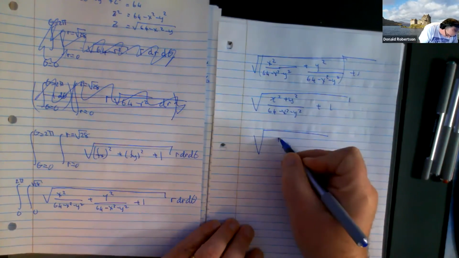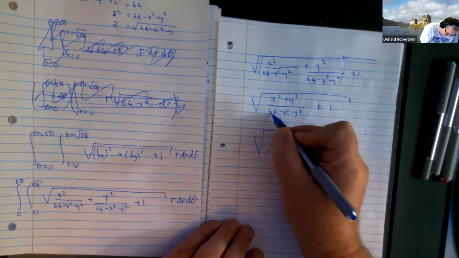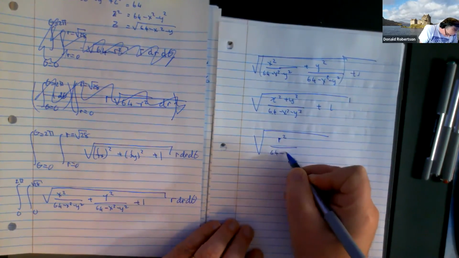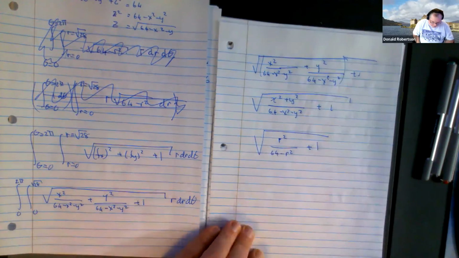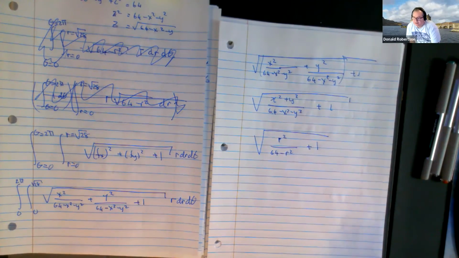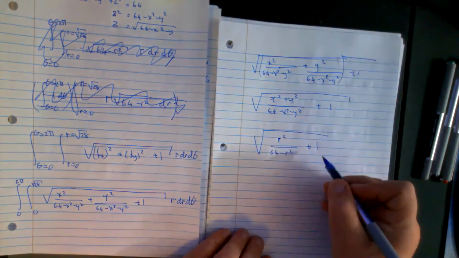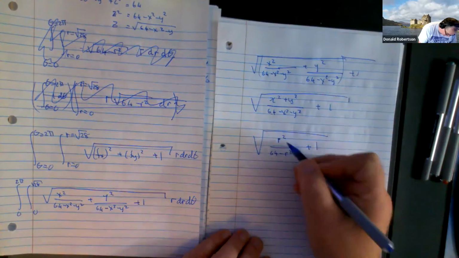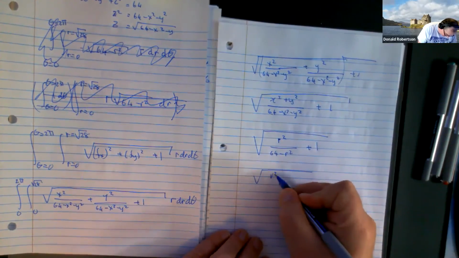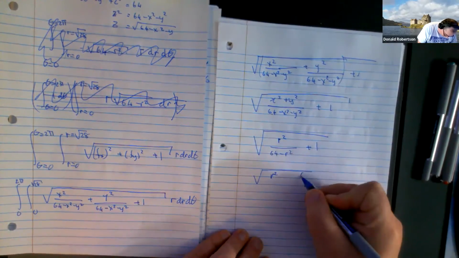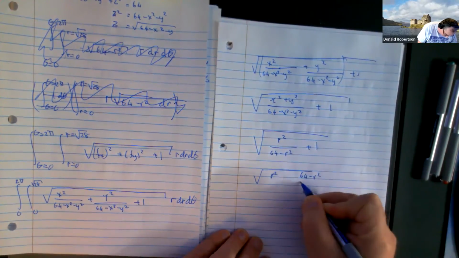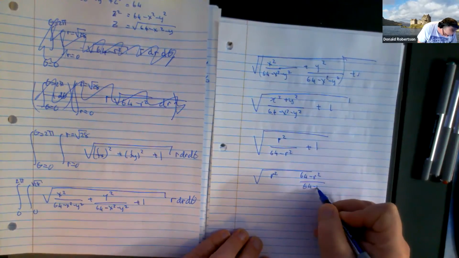Can't this guy be called r squared? And can't this be called 64 take away r squared plus 1? Do you agree it's getting a little bit prettier? A lot prettier. Okay. Now, I don't like ones and fractions, so how about calling this one 64 take away r squared over 64 take away r squared?